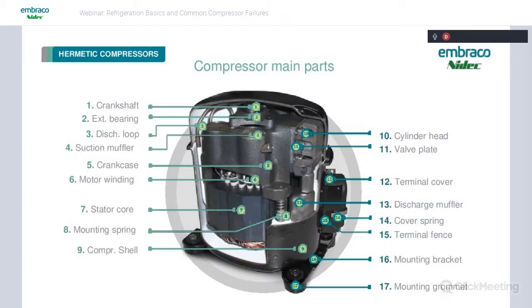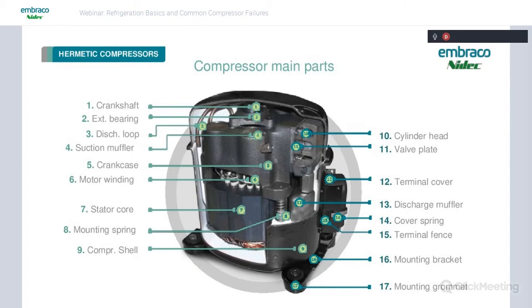So this slide just shows an internal view of a basic hermetic compressor. You can see how the components are laid out here. We have the motor, the stator core that sits horizontally, and the shaft that goes vertically up through the rotor to the reciprocating assembly, which is sitting horizontally.